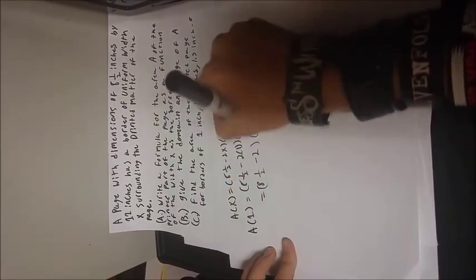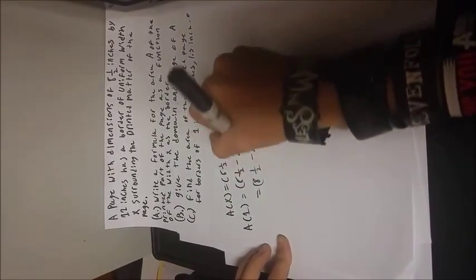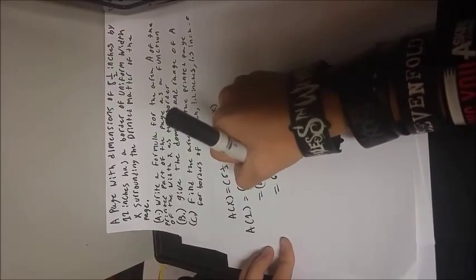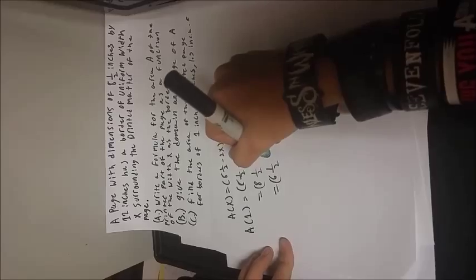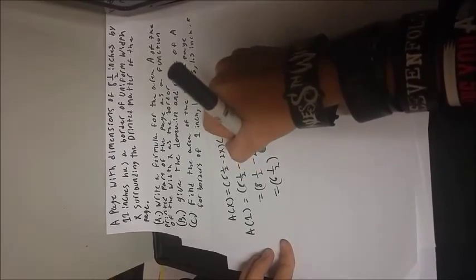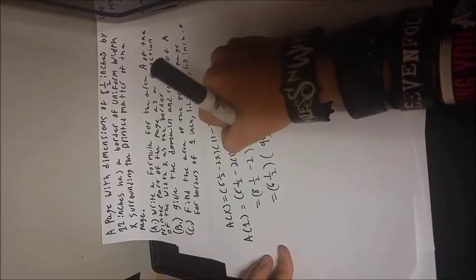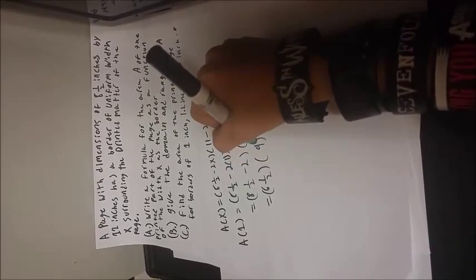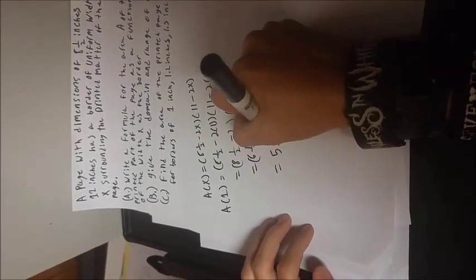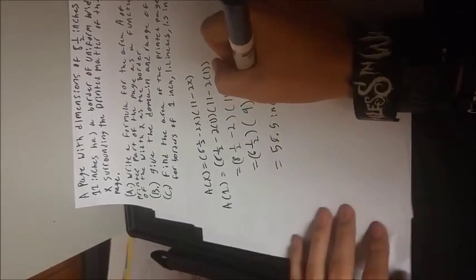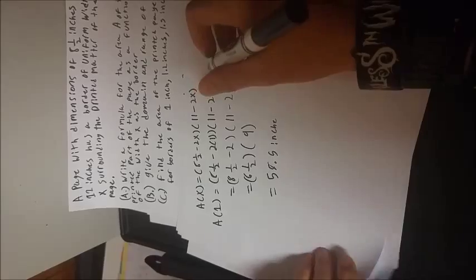Then we subtract on the inside again, which would get 6.5 times 9. Now 6.5 times 9 would get 58.5 inches as the area for 1 inch of border width.